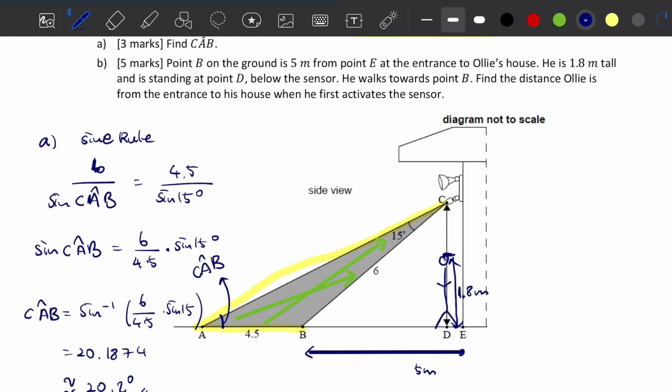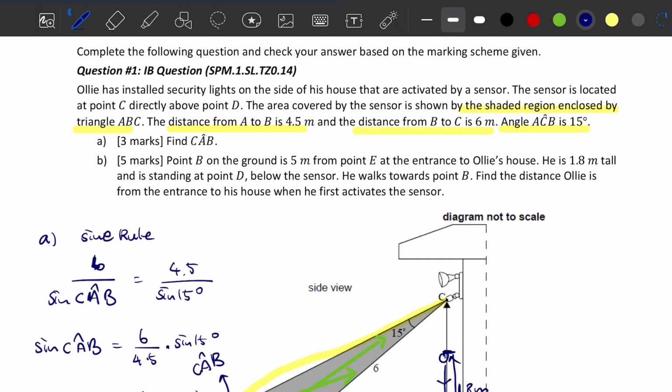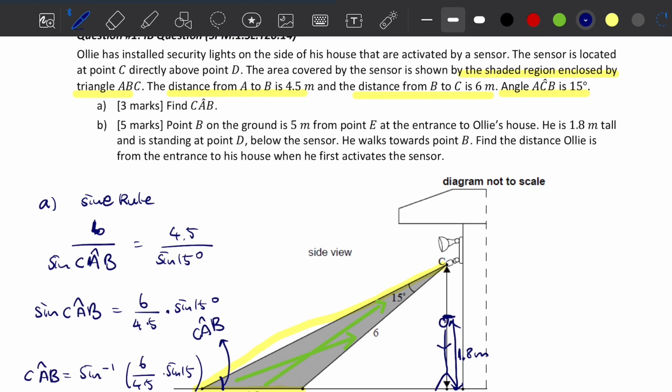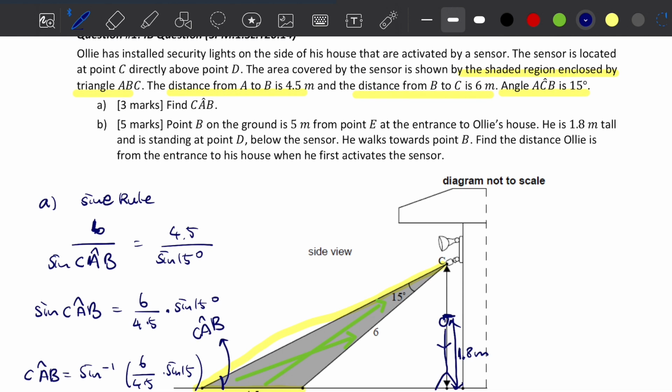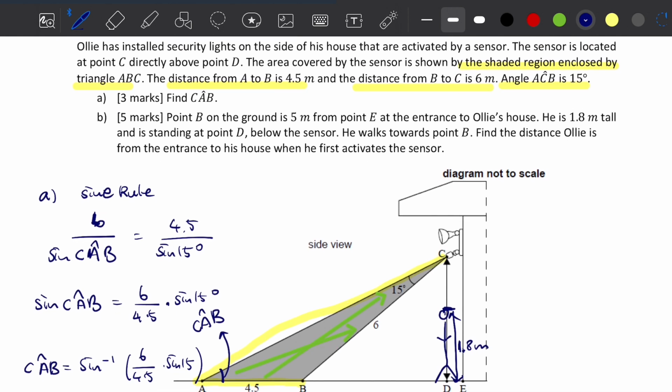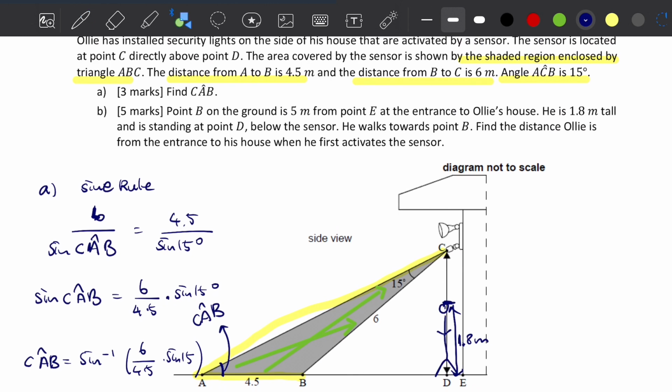So from the question, the sensor is located at point C directly above point D, right? So what we need to do is, we know that the sensor is activated when someone enters the gray area or touches the gray area. So let's figure it out. When Oli moves all the way here, because he's 1.8 meters, from the point where he touches the sensor, the gray area, to the ground is 1.8.